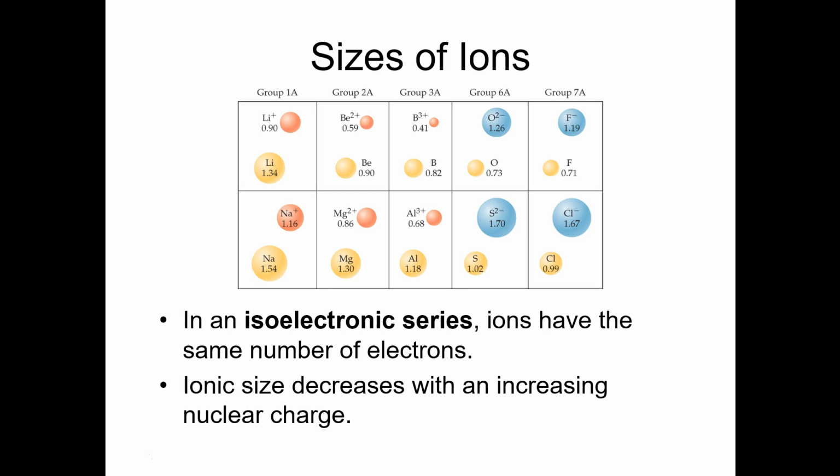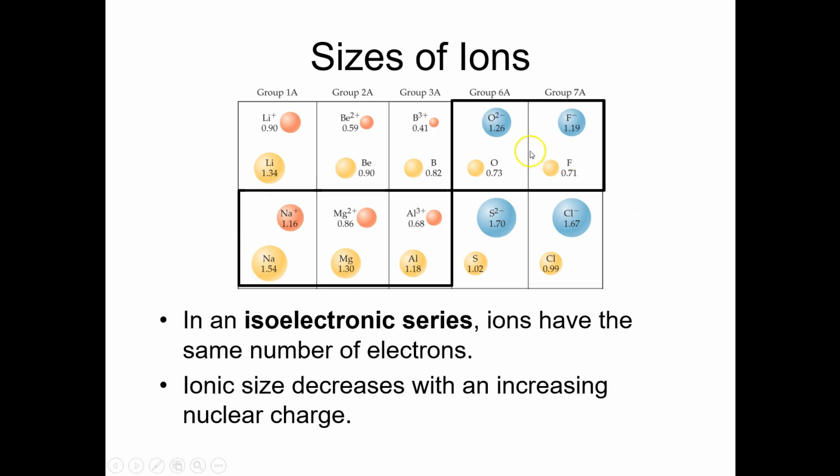The last thing to talk about is what's called an isoelectronic series. And an isoelectronic series is a series of ions that all have the same number of electrons. And so I've highlighted an isoelectronic series here. The oxide ion, the fluoride ion, the sodium cation, the magnesium cation, and the aluminum cation all have 10 electrons.